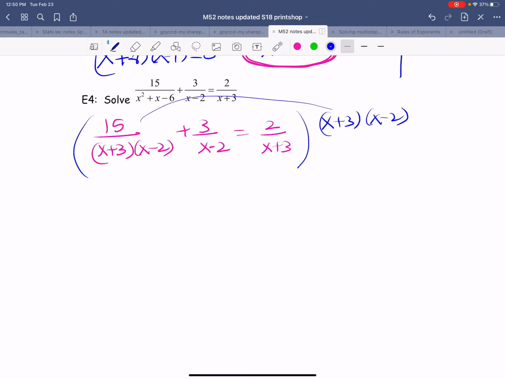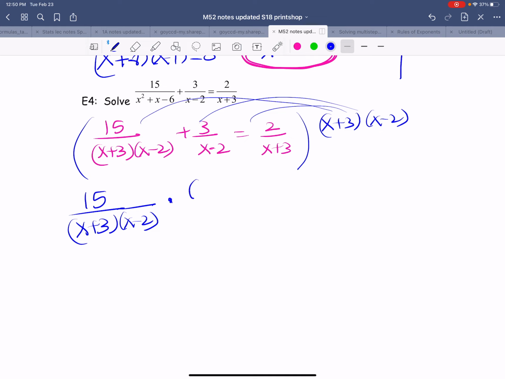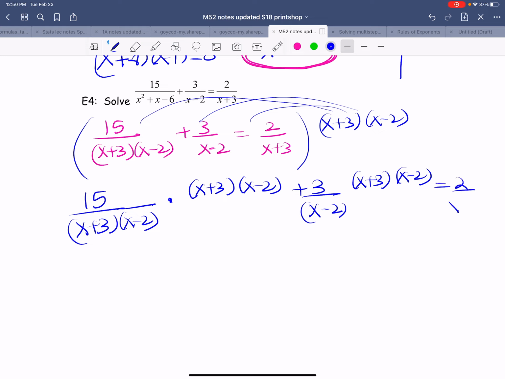And now I'm going to distribute the LCD into both sides. Multiply the LCD with each fraction. So that's just using the distributive property. x plus 3, x minus 2, plus 3 over x minus 2, x plus 3, x minus 2, and on the other side I have 2 over x plus 3, x plus 3, x minus 2.